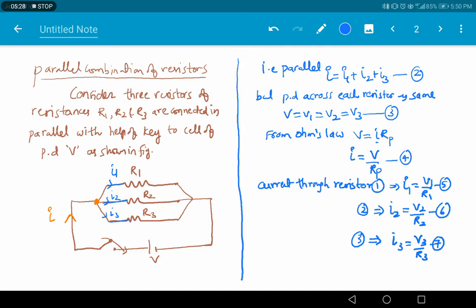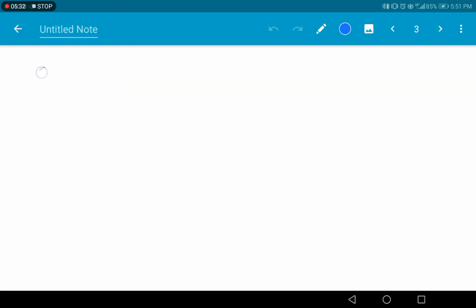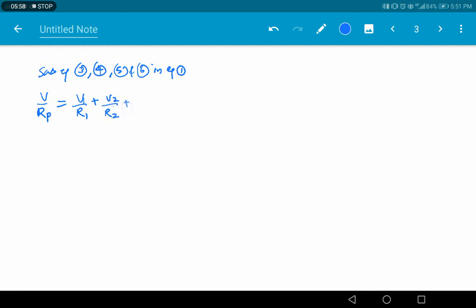I am going to change the page. Now let us substitute equations 3, 4, 5 and 6 in equation number 1. We get V by Rp equals V1 by R1 plus V2 by R2 plus V3 by R3.